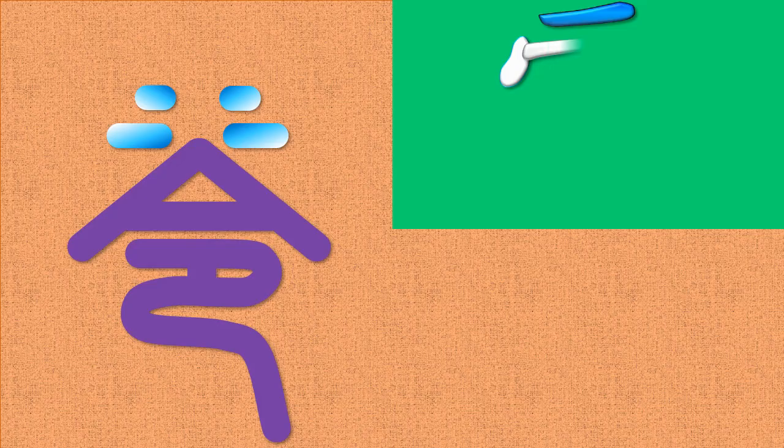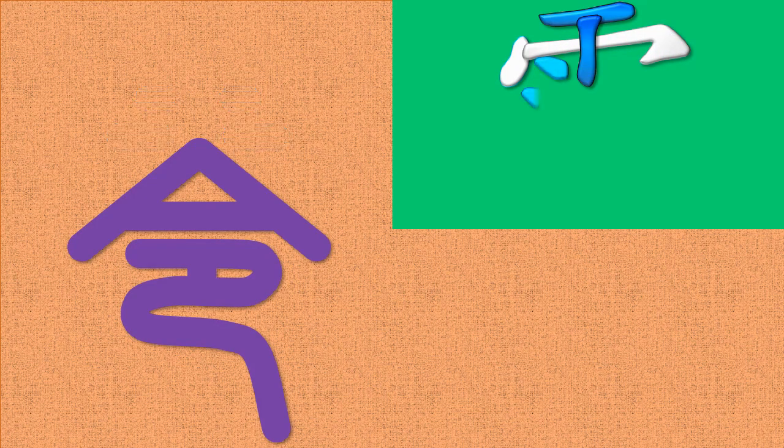Today's fourth and final character is made up of the rain radical 雨 on top of the phonetic 令. Pronounced second tone, 令.